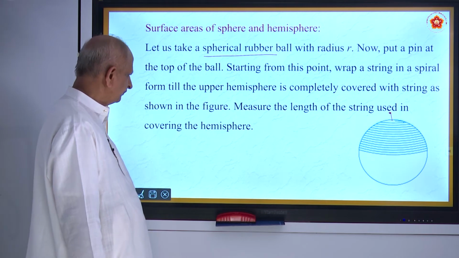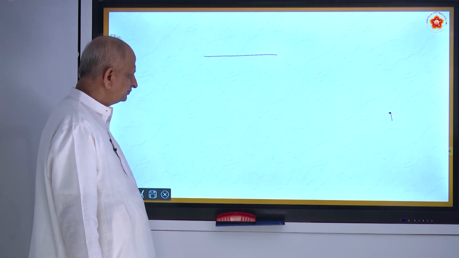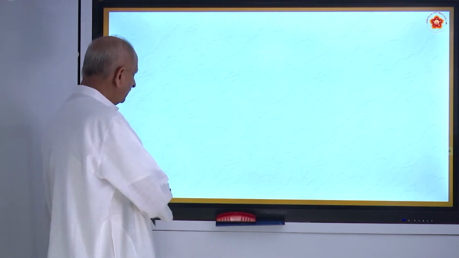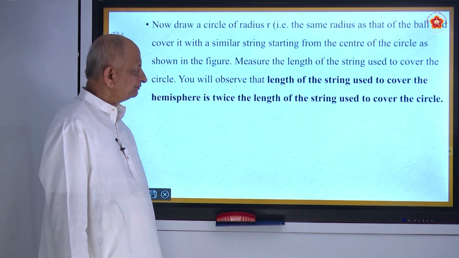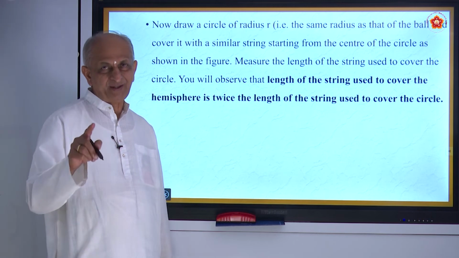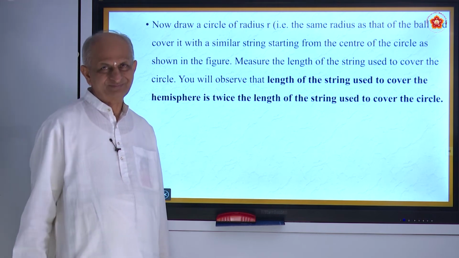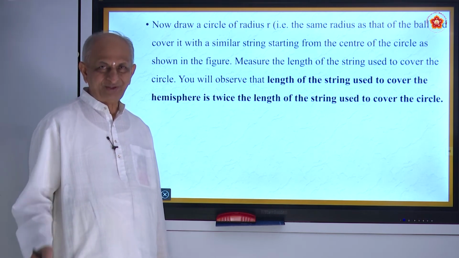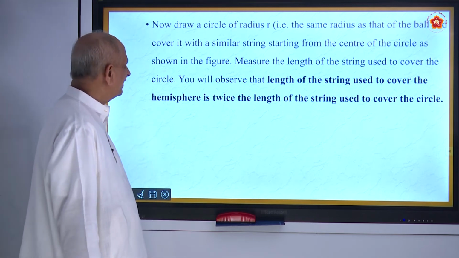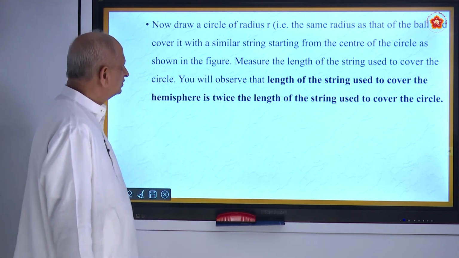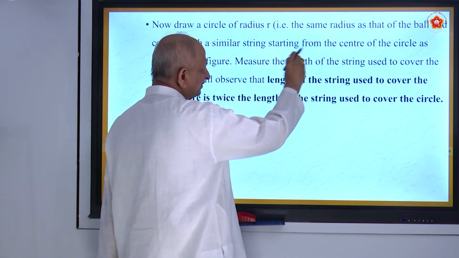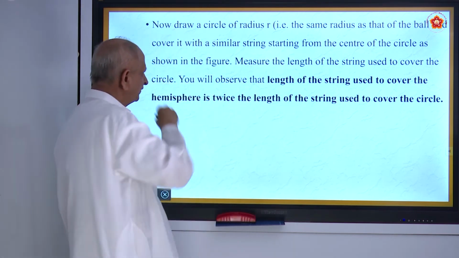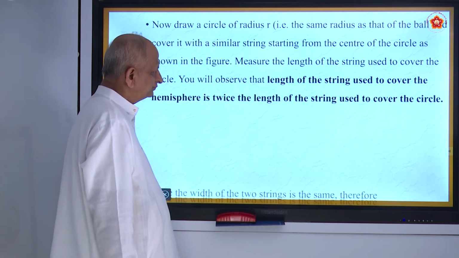Okay. And then you have to draw a circle of radius r, same as the radius of the ball. So you want to draw a circle, and then what do you do? Cover it with a similar string starting from the center of the circle as shown in the figure.